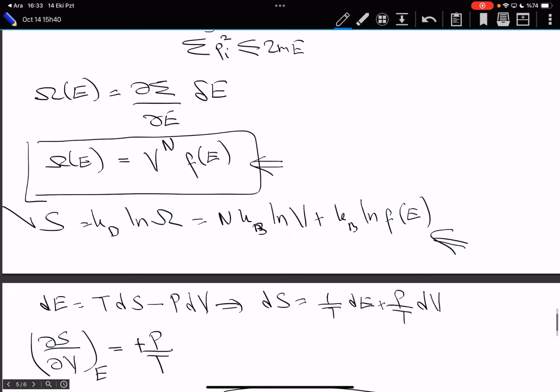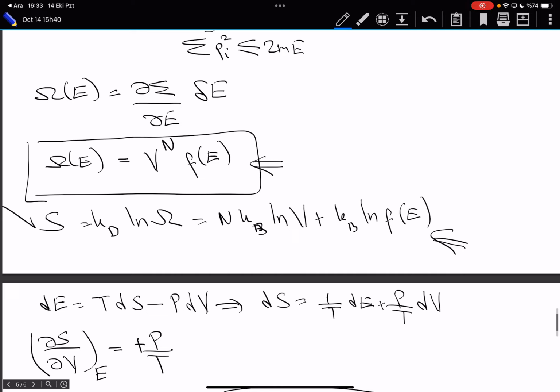So in how many different points can I put my particle without changing the energy? Well, I don't know the exact number, but the number will be proportional to V. So I can just change the position of each one of those particles without changing the energy of the system. And for each one of the particles, the number of different positions I can choose will be proportional to V.